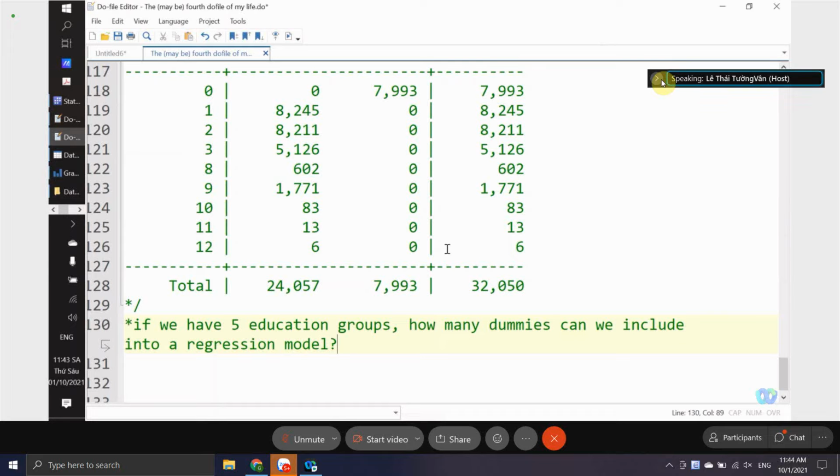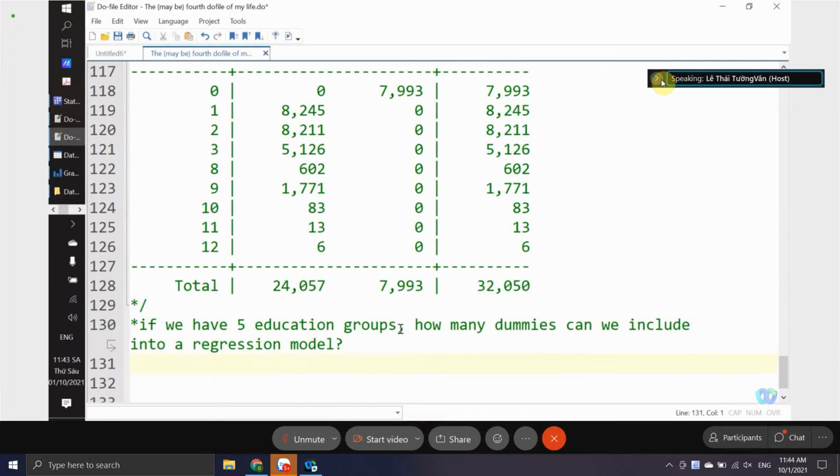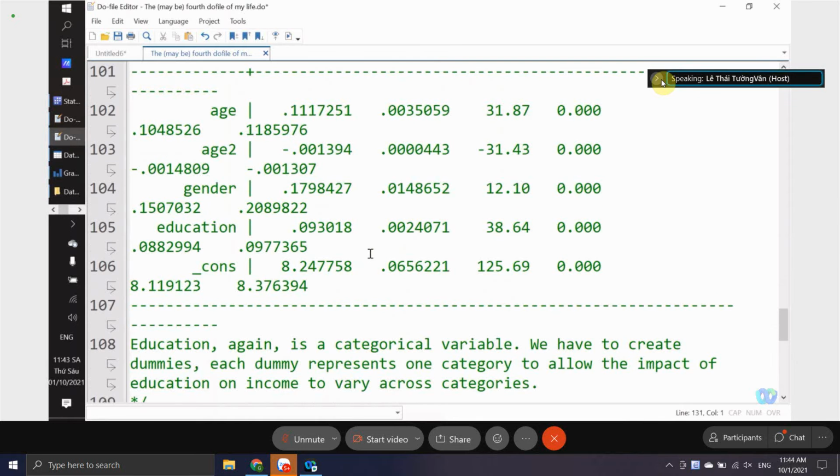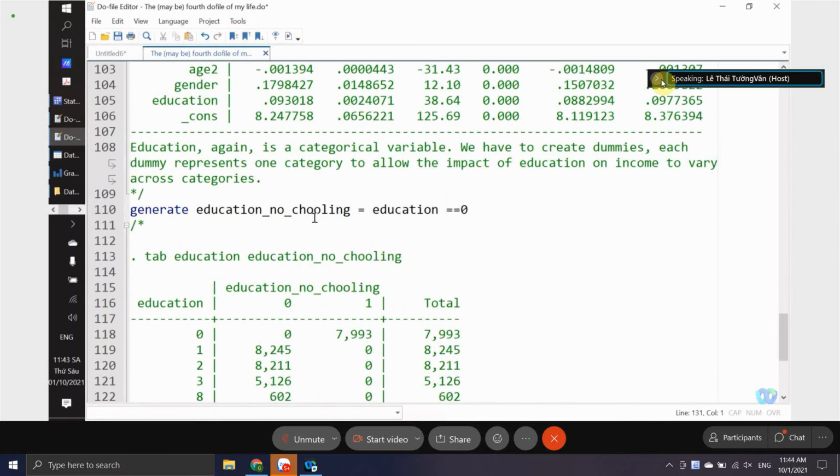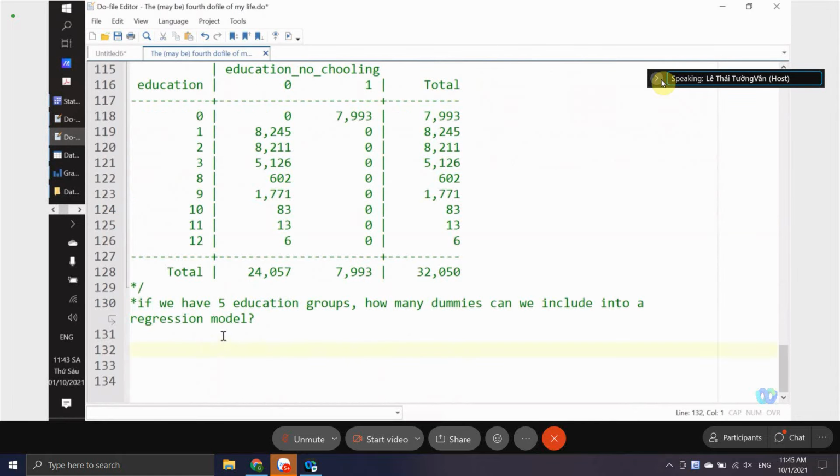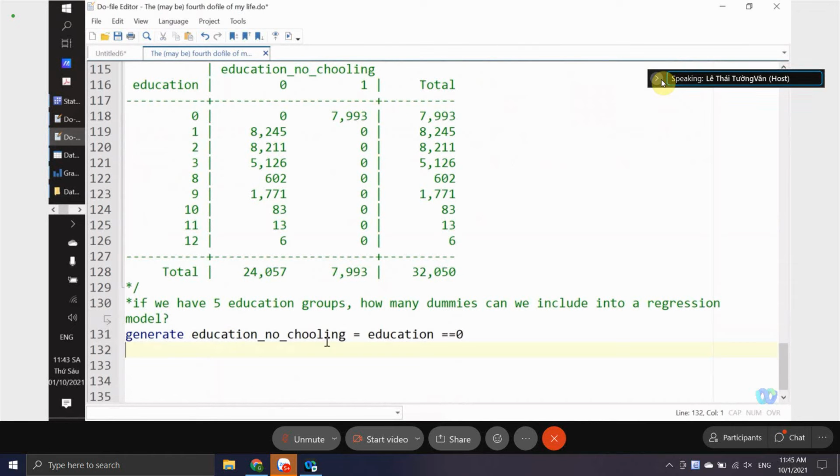Okay. Now, so let me now create all the dummy variables. I already have one variable, right? And now I'm a lazy person. I will do this one. Education now is primary. It is equal to 1, right?